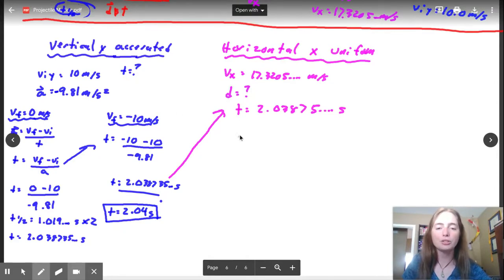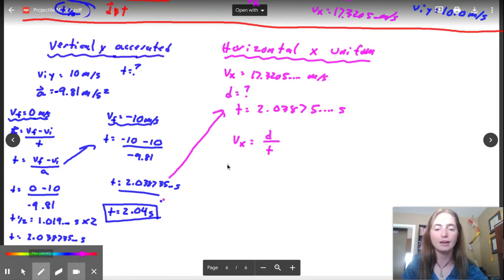Well, now we're going to look at our total horizontal distance. So Vx, well, this is uniform motion, and this equation is only used in uniform motion. So that means, well, we're trying to find the horizontal distance, so we multiply by time. So Vx times t, we are going to get our 17.3205.